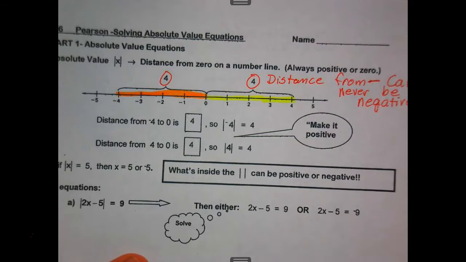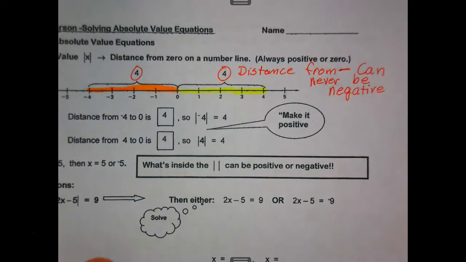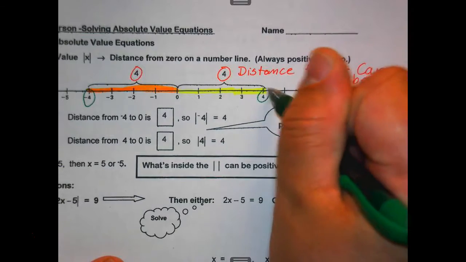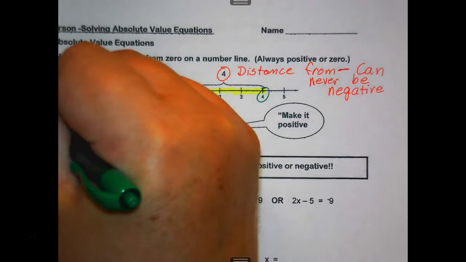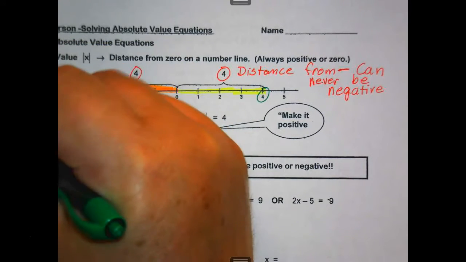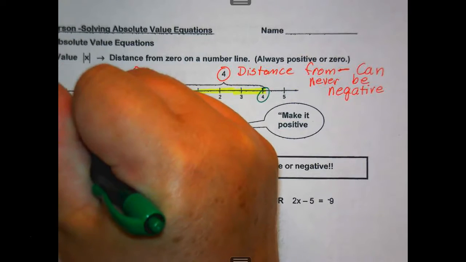The distance can never be negative. The location points where you're going to can be negative. Okay? So the locations can be negative.